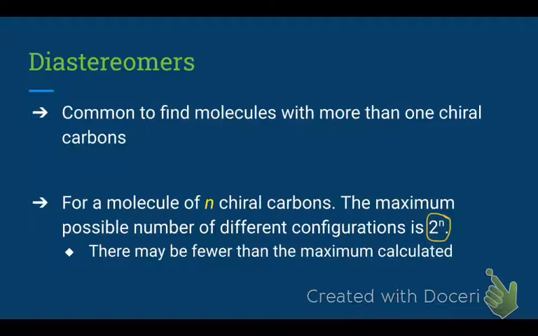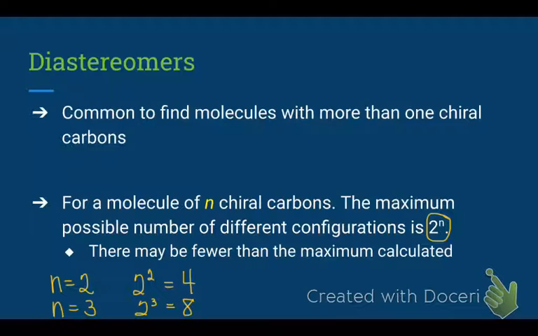So if we had n equals 2, and n being the number of chiral carbons, then 2 to the second power would mean that we have 4 possible configurations. If I had n equals 3, I would have 2 to the third, or 8 possible configurations.